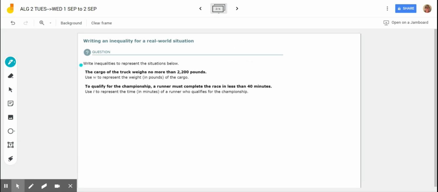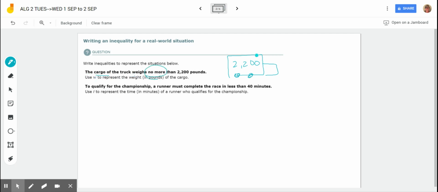Next, it says write inequalities to represent the situations below. The cargo of the truck weighs no more than 2,200 pounds. So here you got your truck, okay? It's saying 2,200 pounds. It says the cargo weighs no more than.